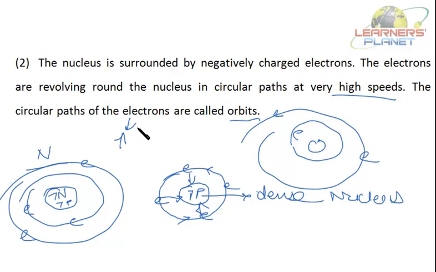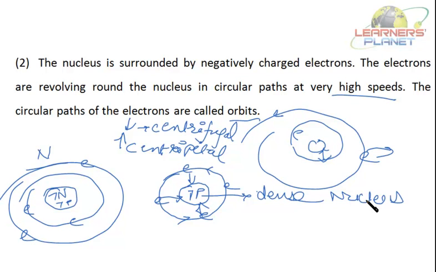The first is the centrifugal force and the second is the centripetal force. Centripetal force is due to the force of attraction between the nucleus and the electron, and the centrifugal force is acting outwards.